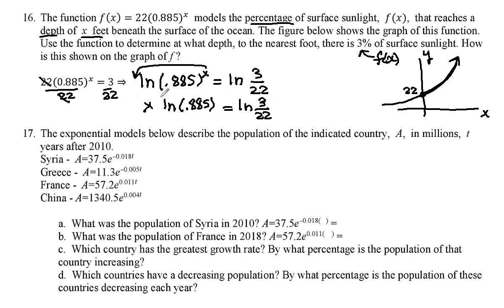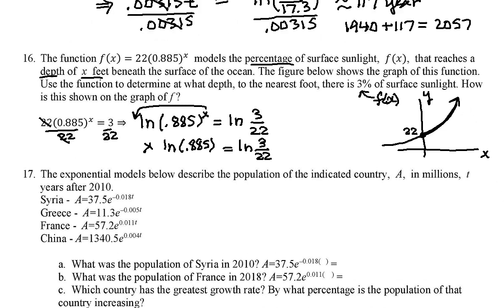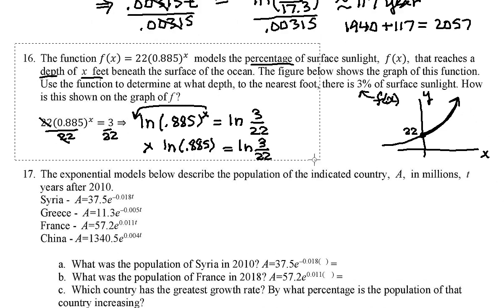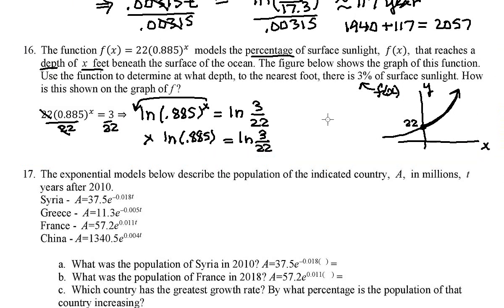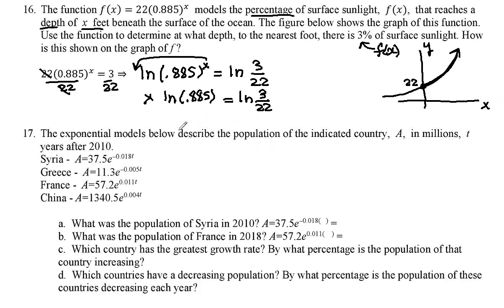And then we want to solve for x, so we want to divide that off of both sides. So we're going to divide by ln 0.885.